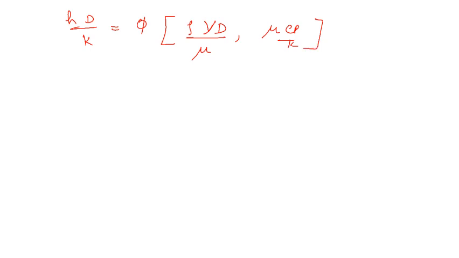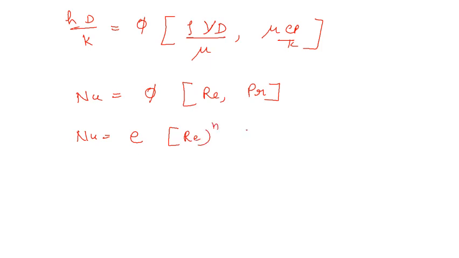That is nothing but the Nusselt number is a function of the Reynolds number and the Prandtl number, or Nusselt number is C Re to the power m Pr to the power n, where m is not equal to n.